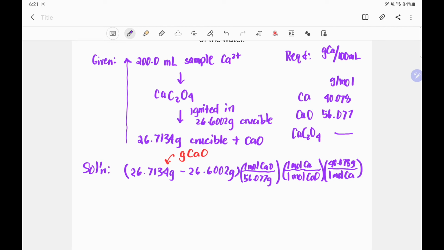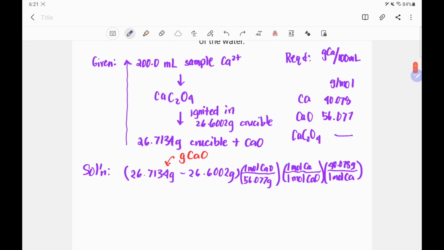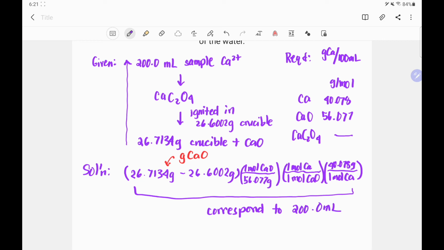Here we have a value pertaining to grams calcium, but we need a value of grams calcium per 100 milliliters. So the concentration value is presented in terms of per 100 milliliters. This total amount of grams calcium corresponds to 200 milliliters. Alright, so we need to take that into account.